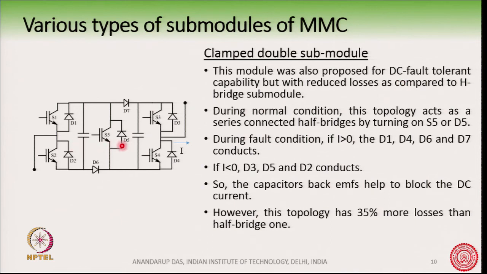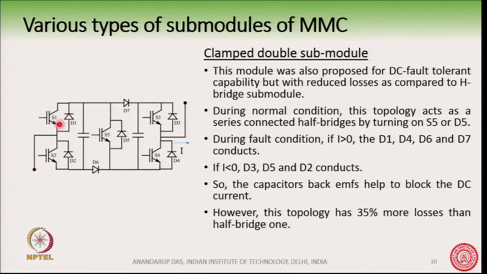Basically, you can see here, there are two half bridges, and these two half bridges work in series. By turning on this S5 or D5, when this switch is fully turned on here, they are working in series with each other.